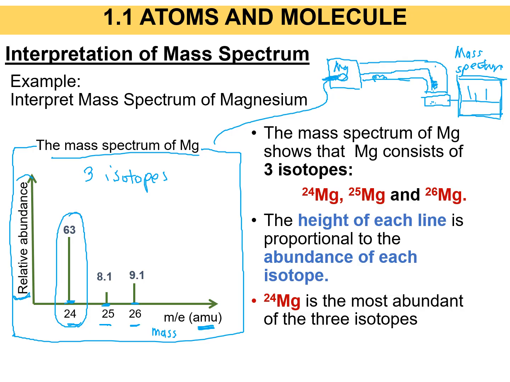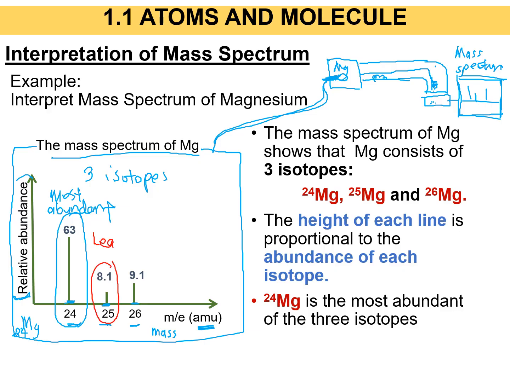Okay, that's why we usually mention in the periodic table of elements Mg24. Why? Because when it is run in the mass spectrometer, it shows that magnesium 24 is the most abundant isotope, and the least abundant is magnesium 25.